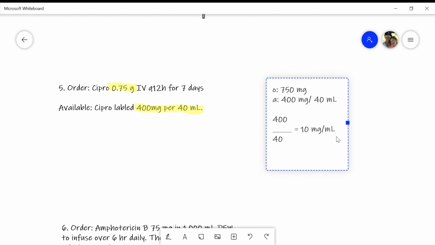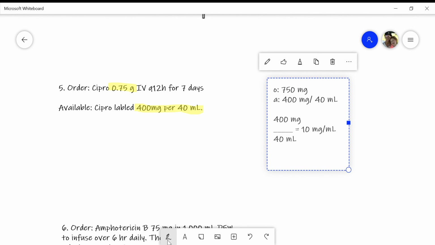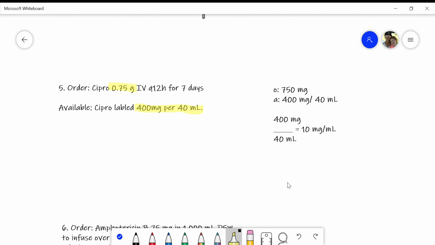On this one, 400 milligrams divided by the 40 milliliters gives you 10 milligrams a milliliter, and that's your base rate.